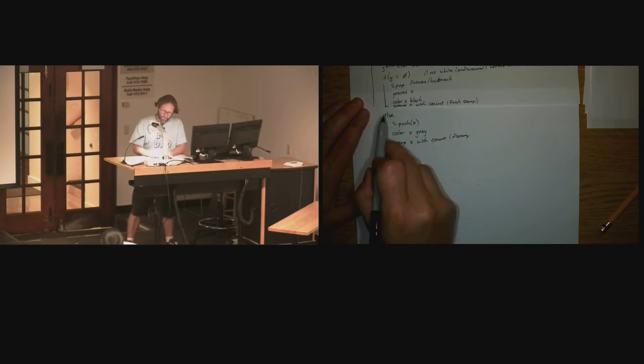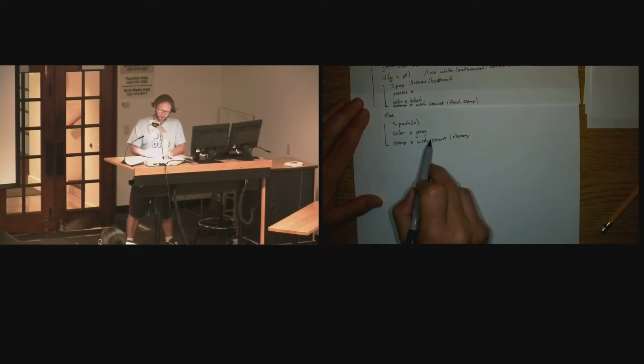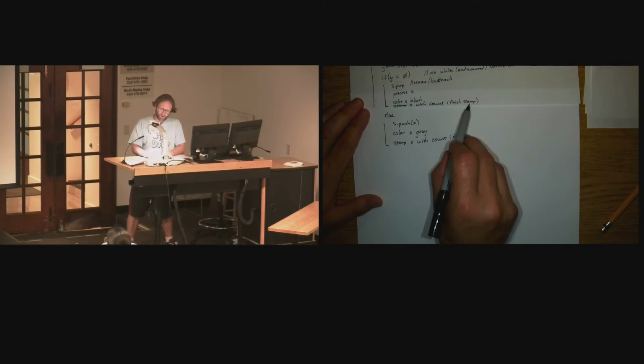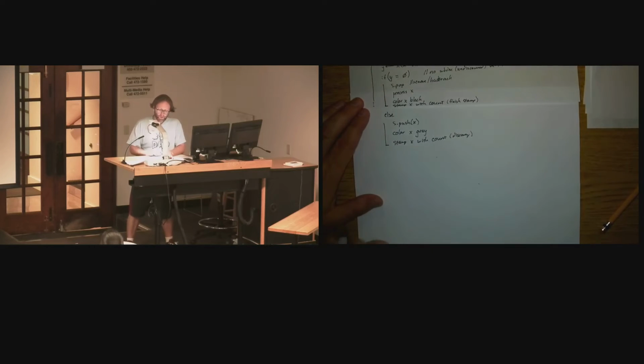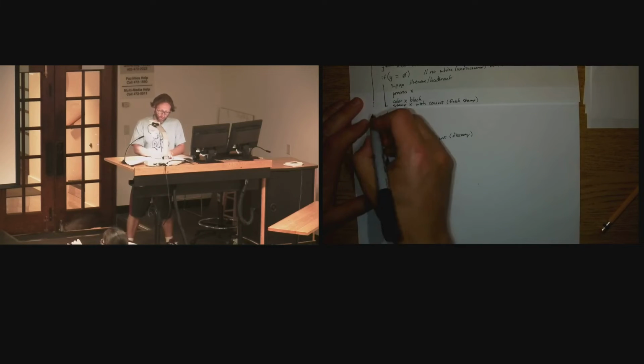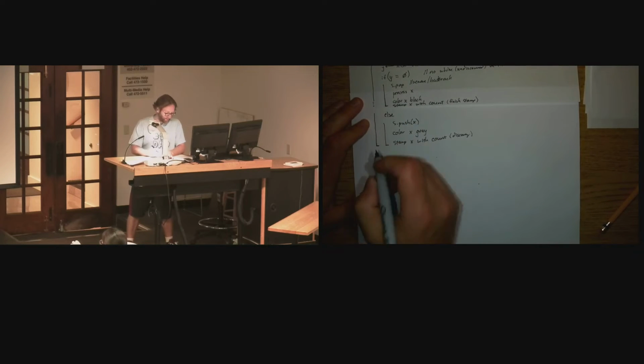Note that if else, you're still stamping it, you're still coloring it, but you're doing it differently. Here you're stamping the finish time. Here you're stamping the discovery time. So those are two different operations if you want to keep track of all of those artifacts. And that's the end of the while loop.